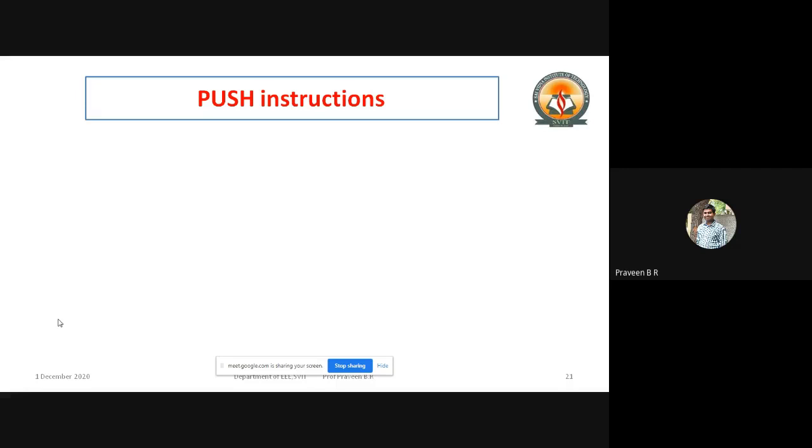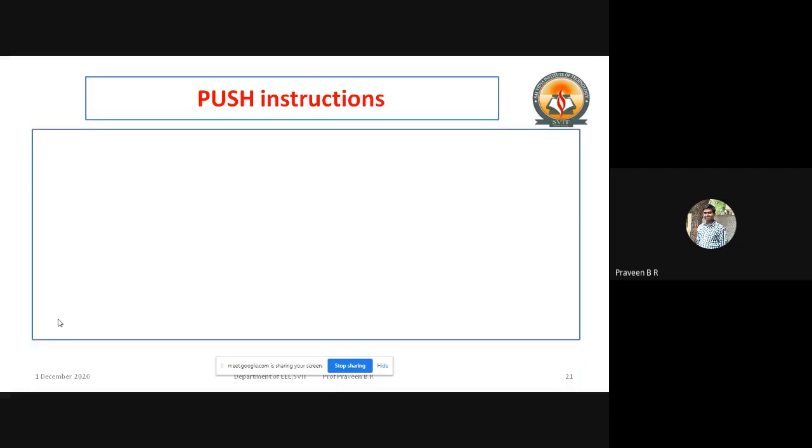To bring data from a particular memory location to the stack, we use the push instruction. Push brings the data from a register to the stack, and this instruction is used when the data has to be placed onto the stack.